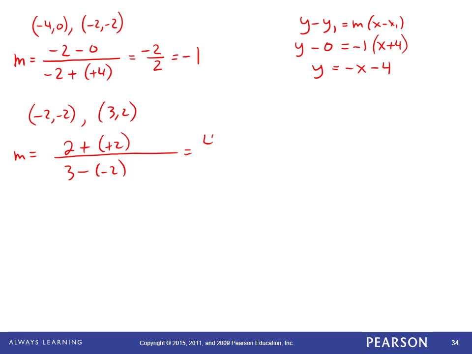So a 4 on top, on the bottom again plus plus, and a 5. I've written down the equation already, so let me just plug in numbers here. I'm going to plug in 3, 2 this time, so y minus 2, slope, x minus 3.